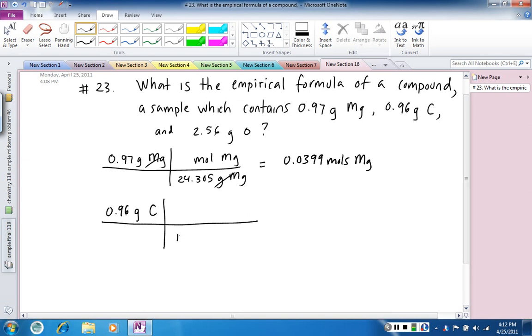Our carbon weighs 12.011 grams of carbon per mole of carbon. So that gives us 0.0799 moles of carbon.